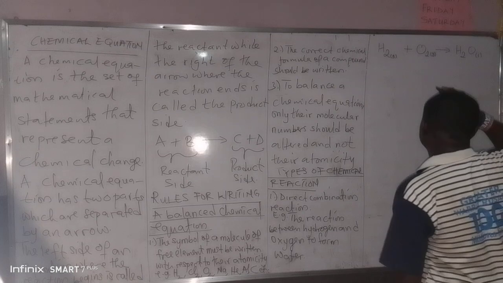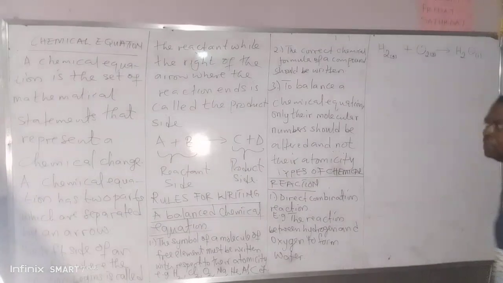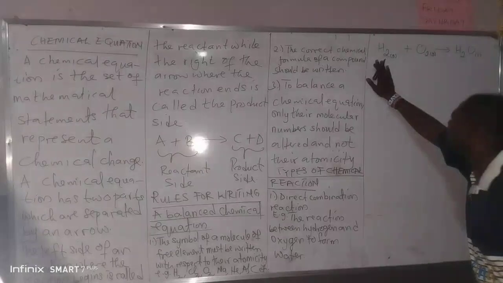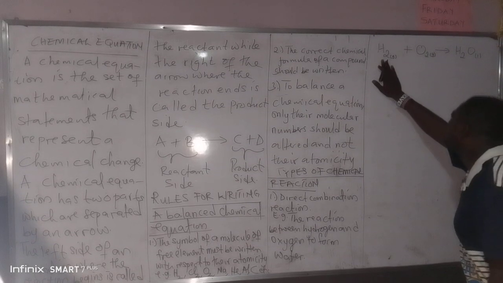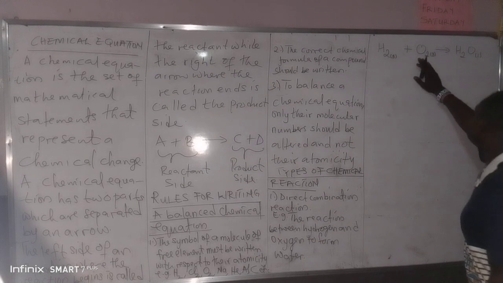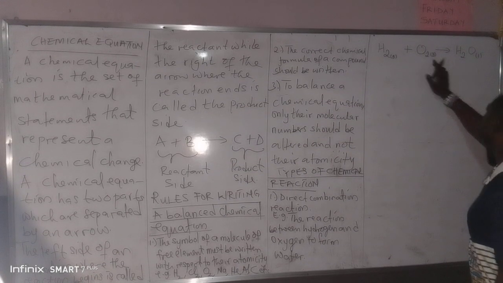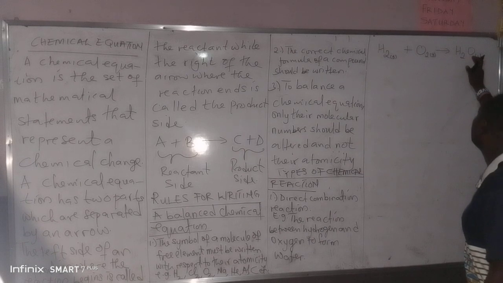Then having done that, now a chemical equation must be balanced. The number of atoms at this side must be equal to the number of atoms at this side. Hydrogen is 2 atoms here, hydrogen is 2 atoms, so the hydrogen is balanced. But oxygen is 2 here, but oxygen is 1 here. You cannot put 2 here, you have altered the atomicity.